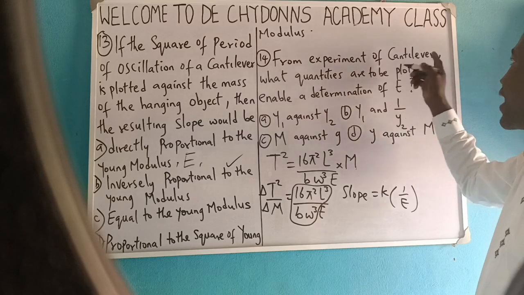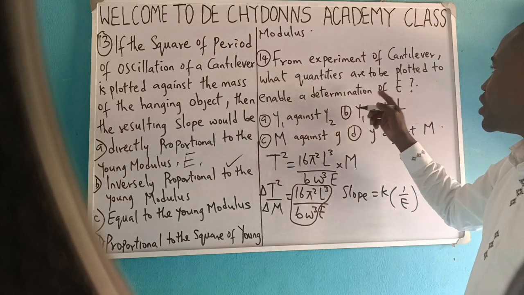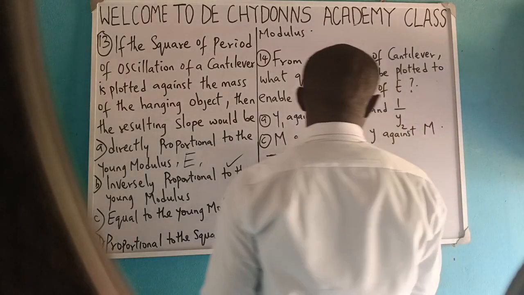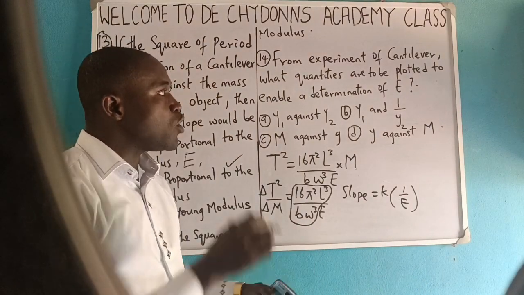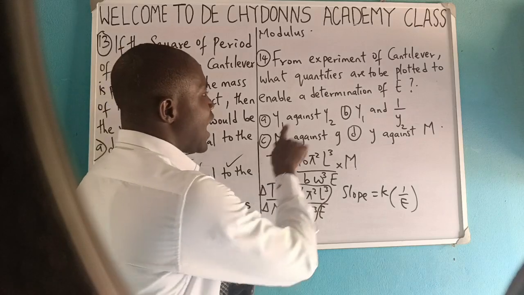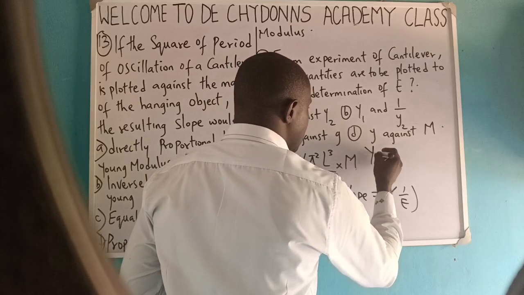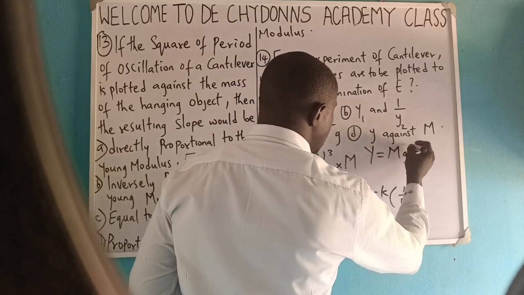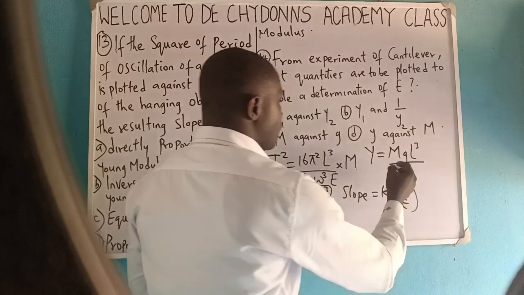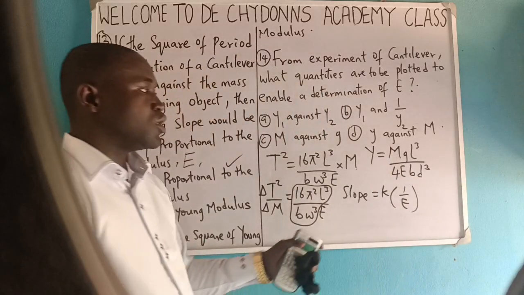From the experiment on cantilever, what quantities are to be plotted to enable a determination of Young modulus? And we are given options. Now, if you want to solve this, ask yourself, what is the relationship between the Y and the M, which is the mass? You tell them that Y is equal to M g L all over 4 E B D cubed.